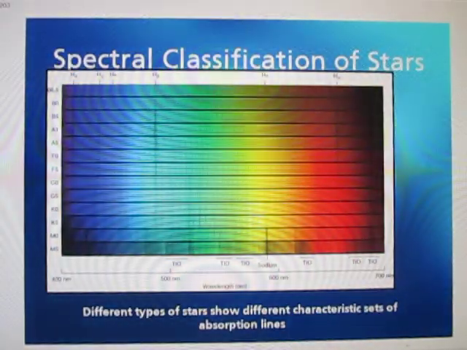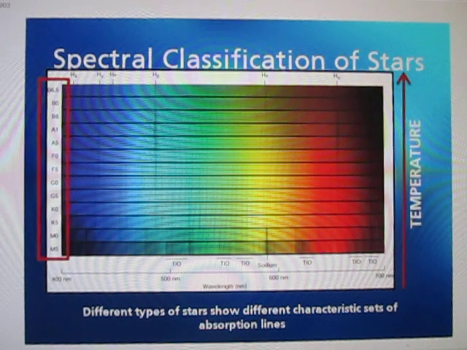Different types of stars show different characteristic sets of absorption lines. So here we see roughly 10 different star types listed on the left-hand side. We see on the bottom the visible wavelength, and we see the chemical element difference within these stars.